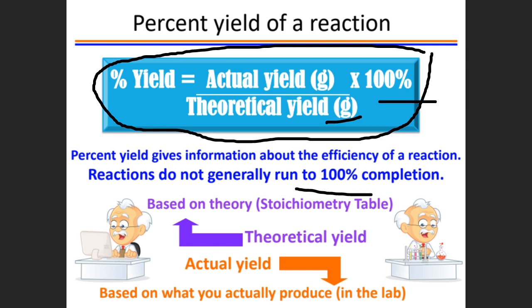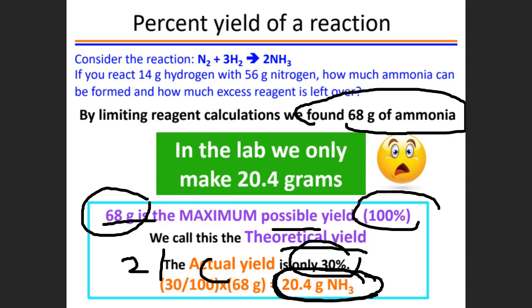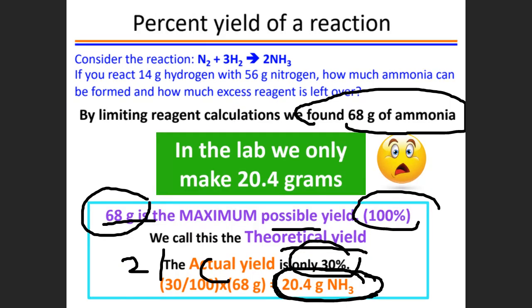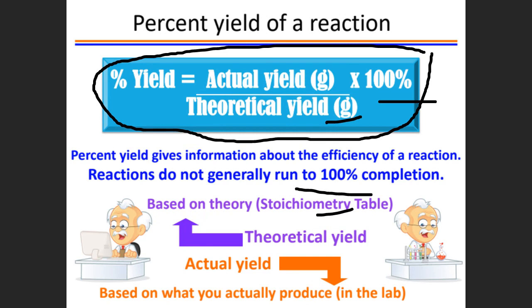Based on the theory, the stoichiometric table. So where did we get the 68 gram? We learned it here, 68 gram. Got it? Actual yield is based on what you actually produce in the lab.